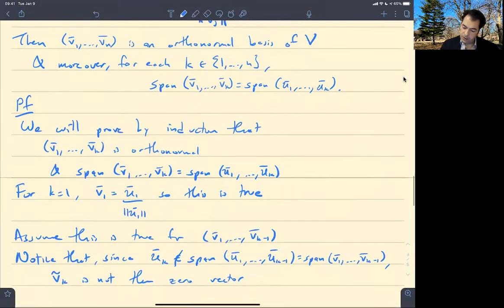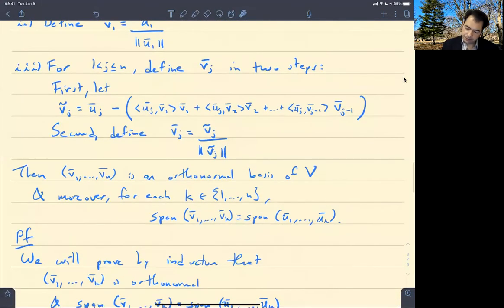Okay, so let me scroll back up. Vj tilde is equal to Uj minus this, and this is a linear combination involving V1 through Vj minus 1.